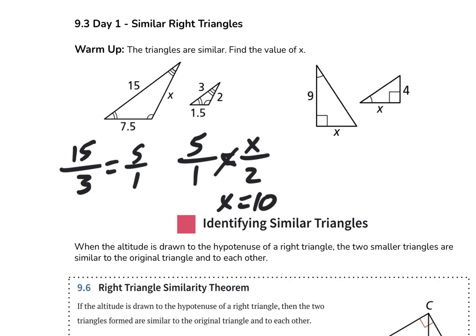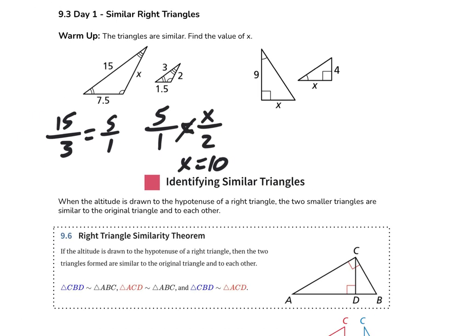You don't necessarily need to put 1x right here, because if I say 1x, that's really just x, right? And then dividing by 1 doesn't really change anything. So if you're cross multiplying with 1, you're not really needing to put the 1 there.